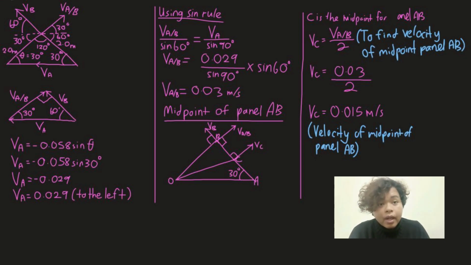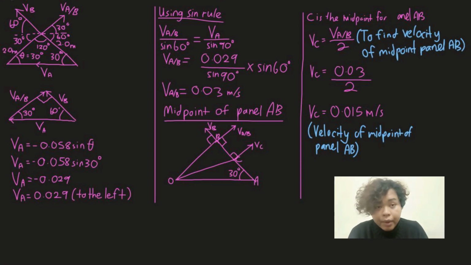So we have here the diagram for the automated moving gate and the free body diagram. As you can see, theta is given 30 degree, and both of the panels OB and BA are the same length.